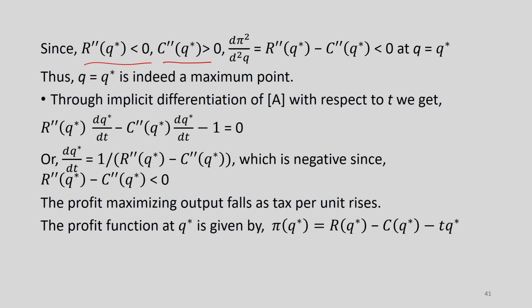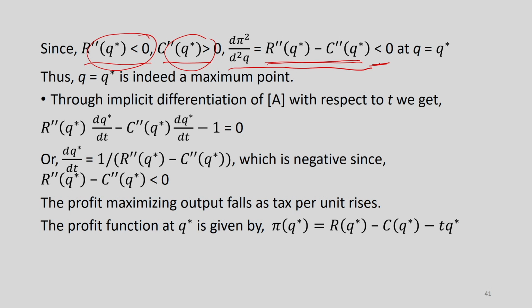So, if these two things are applied, then what happens to the second derivative of the profit function at q star? The second derivative is r double prime q star minus c double prime q star at q equal to q star. Now, this first term is negative, the second term is positive, which means this entire thing is negative.